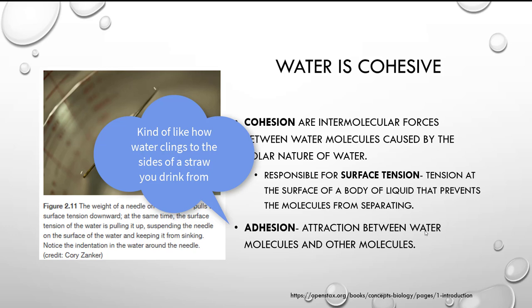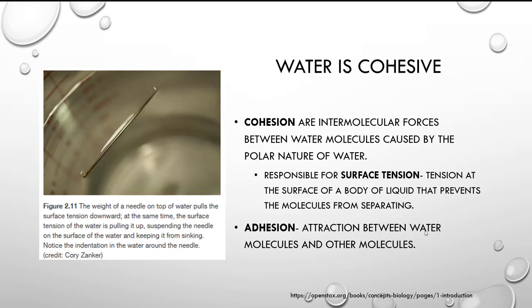Think of water traveling up the tree like blood traveling throughout your body. In this case, instead of your heart pumping the blood, you have water clinging to the sides of the vessel. That's one way water clings to the side, through adhesion.